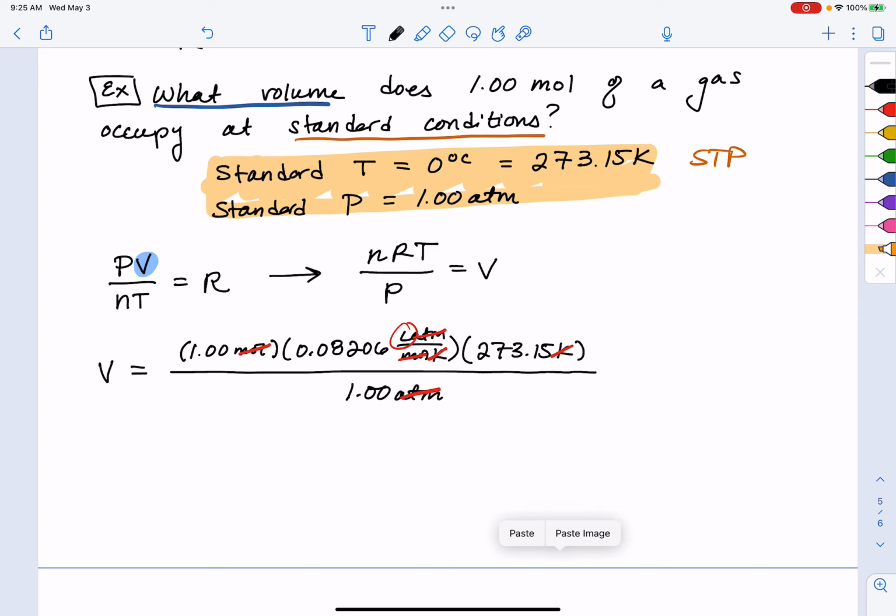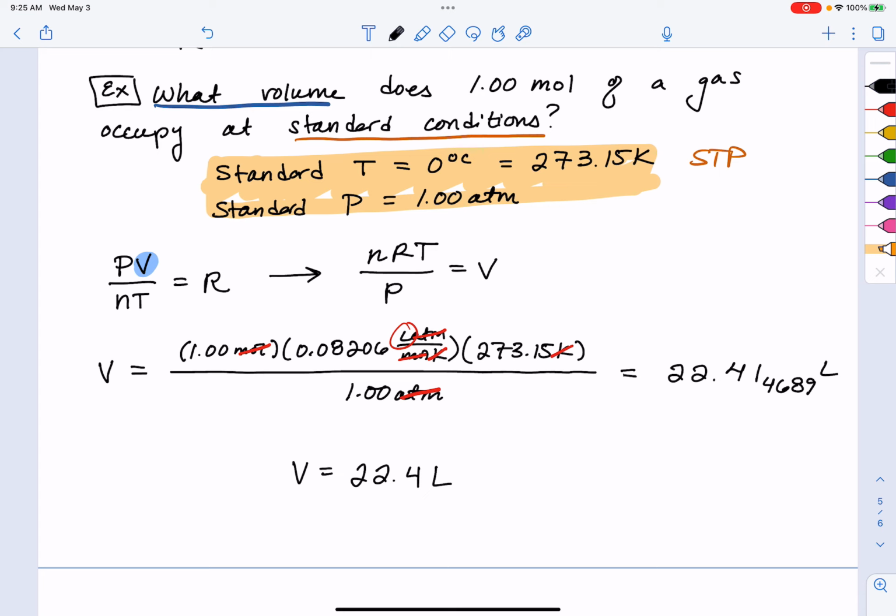This equals 22.414689 liters. And then since we've got 3 sig figs here, volume is equal to 22.4 liters.